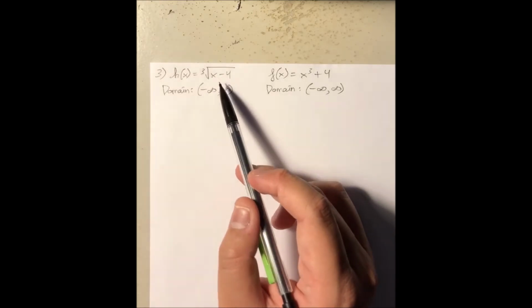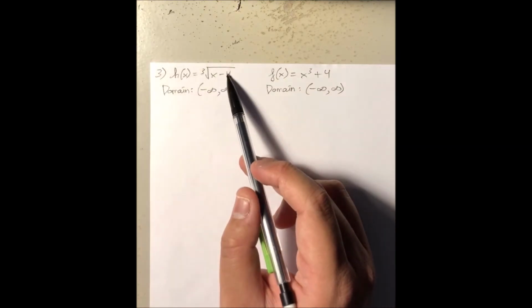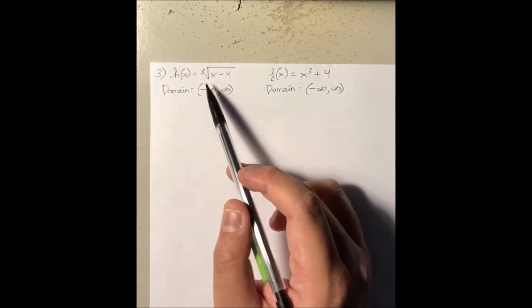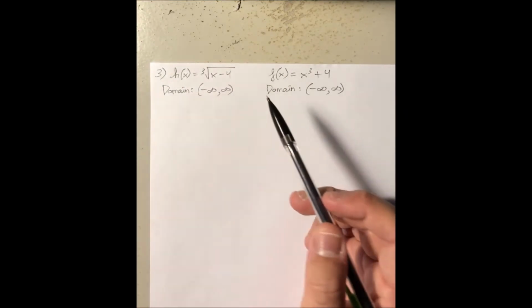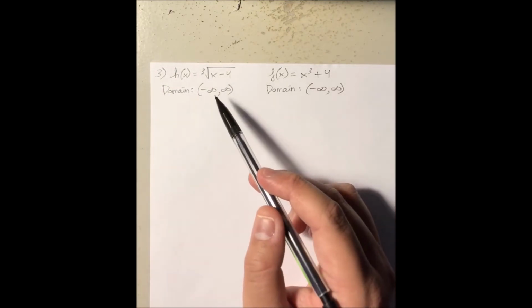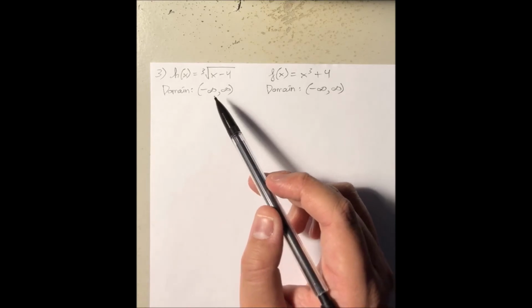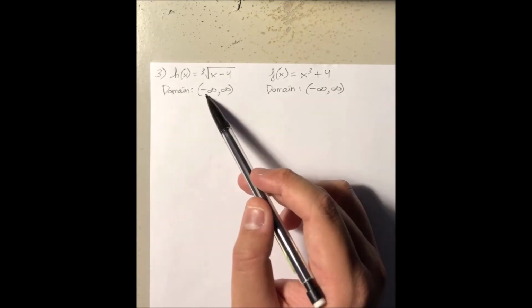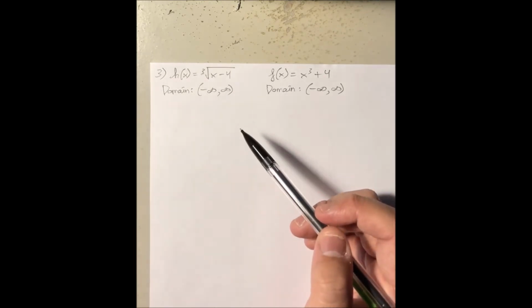You can take any negative number, plug it in here, and crank out a negative number. Any odd root of any negative number is still going to give you a valid result. So there's no discontinuity in this odd root function. That's why the domain of h of x is from negative infinity to positive infinity, all real numbers.